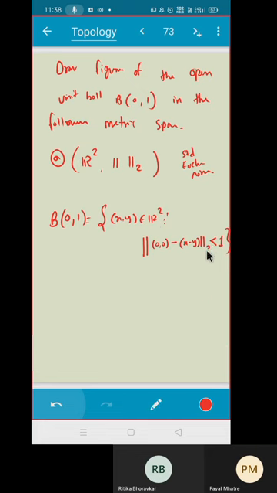But what is this norm 2? Do you remember this? We have already talked about norm 2. x squared plus y squared is less than 1.